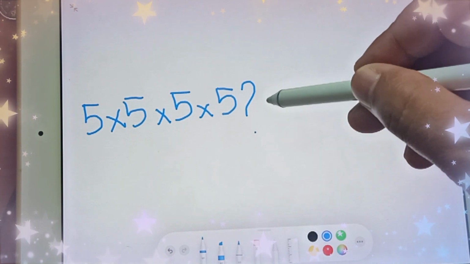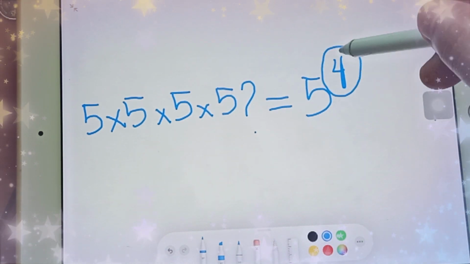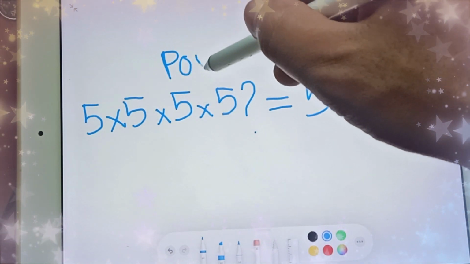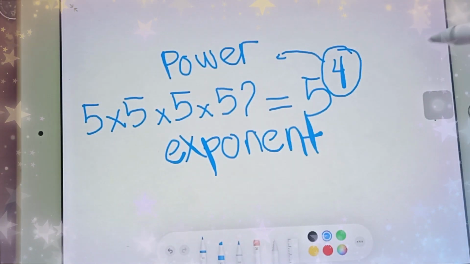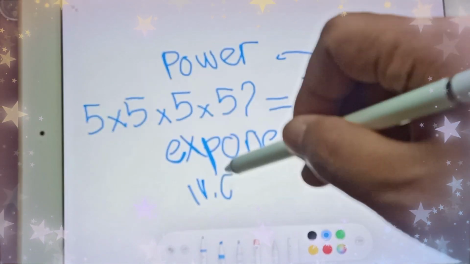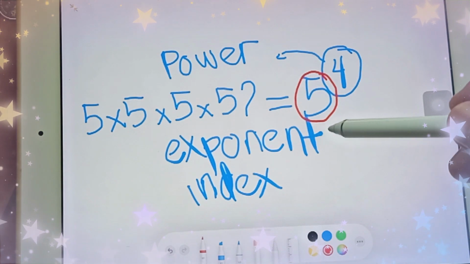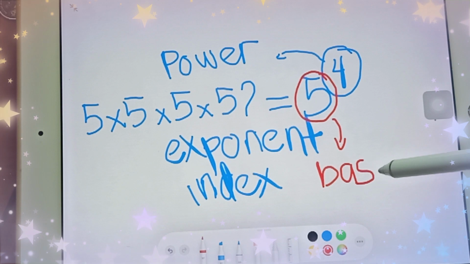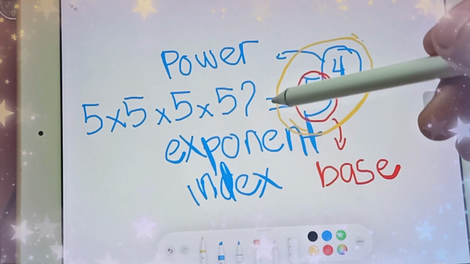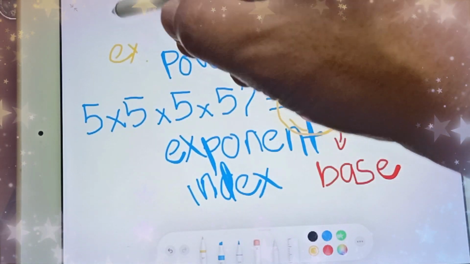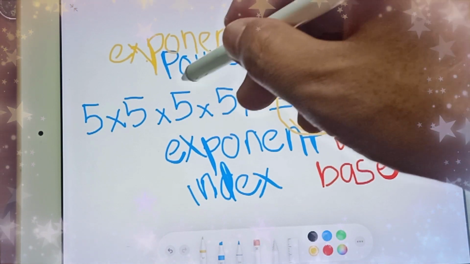We can write it as 5 to the 4th power, where 4 is called the power, or sometimes the exponent, or also the index, while 5 here is called the base, and 5 to the 4th is called the exponential notation.